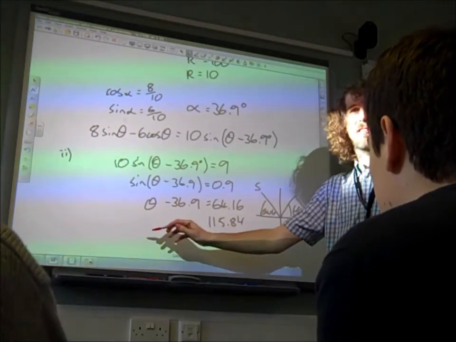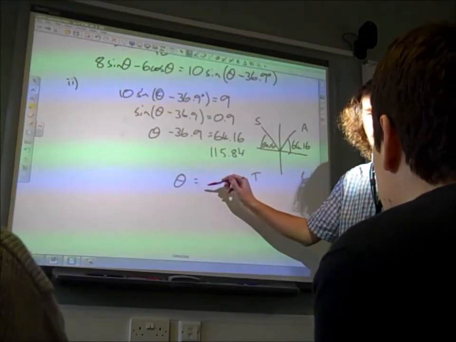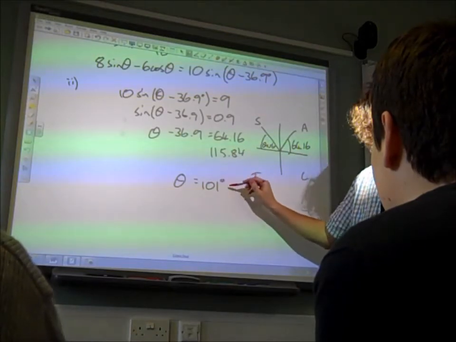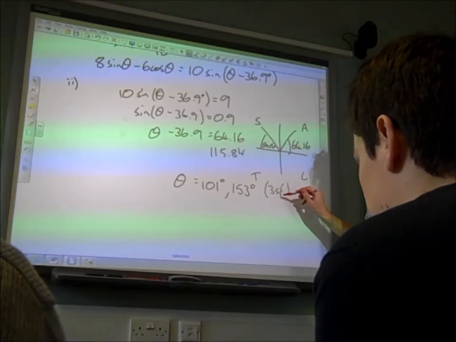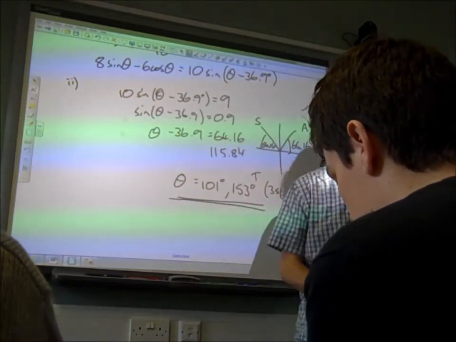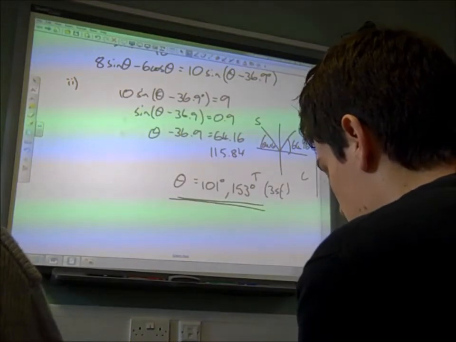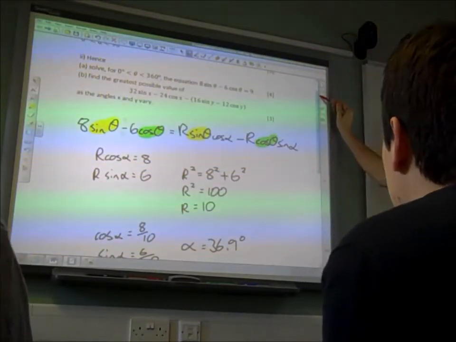And now to get theta, we add 36.9 to both of these to give us our values, which were 101 degrees and 153 degrees to 3 significant figures. Good job. That was 4 marks for that. Brilliant.